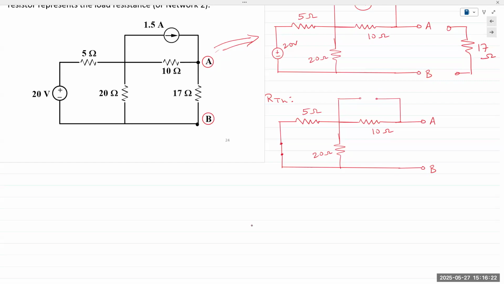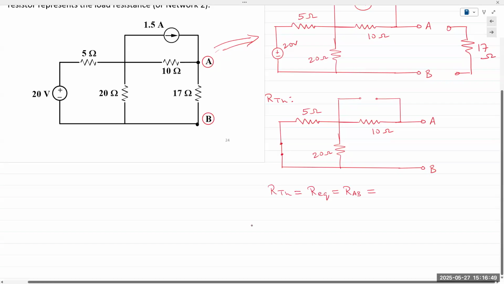At this point, I would assume that students are able to solve this by themselves. So what is Req? Anyone?